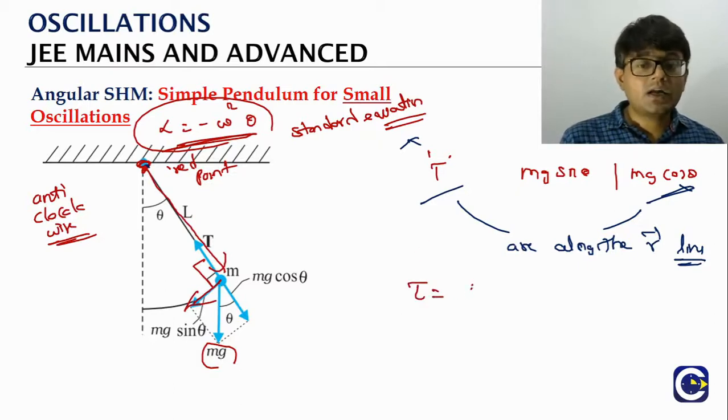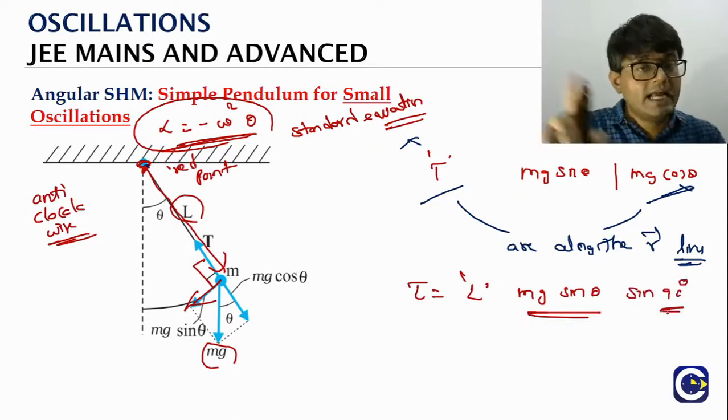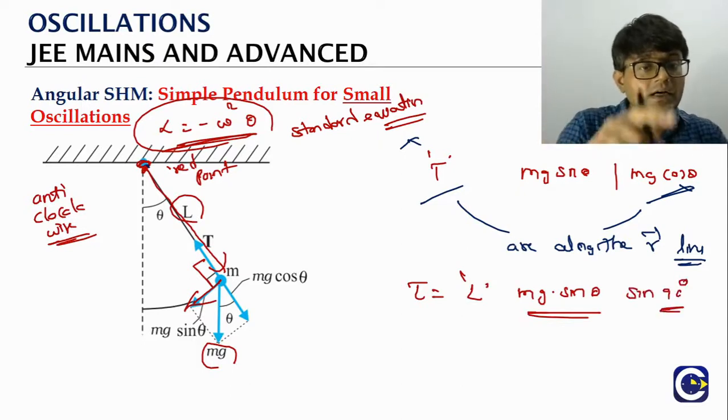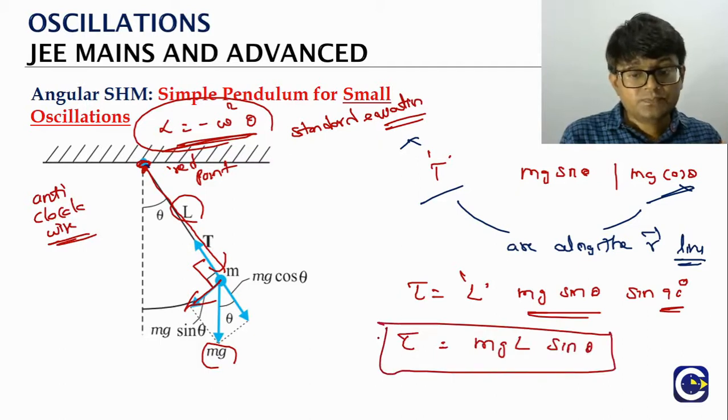Torque will be equal to R, the value of the length, into the force mg sine theta into sine 90. Why? Because the angle between the force and the r bar is 90 degrees, so sine 90 is anyway 1. So the torque value is mgl into sine theta.